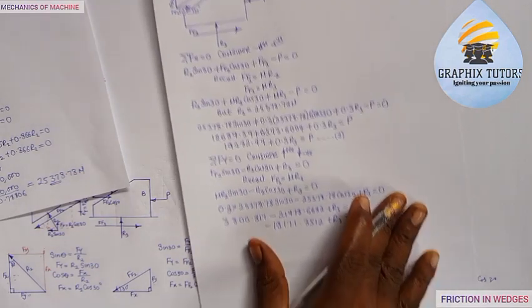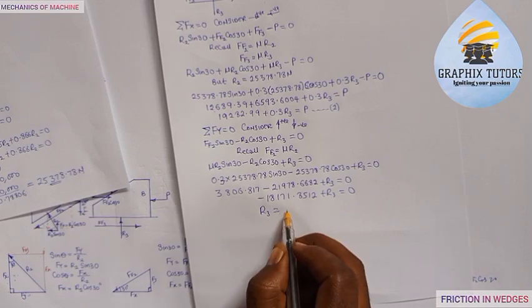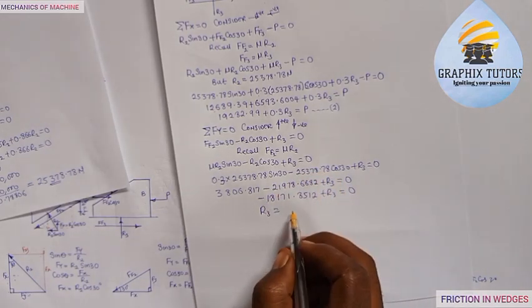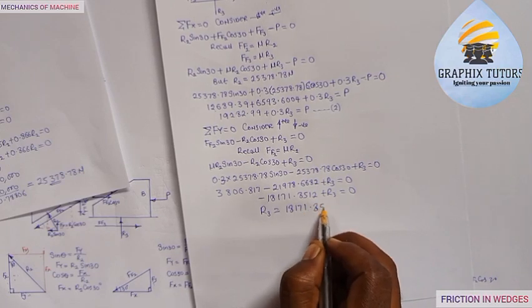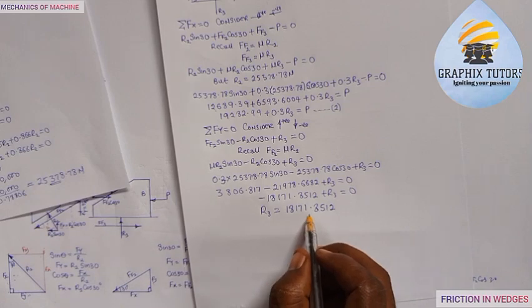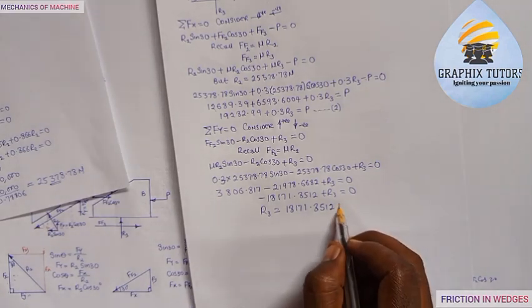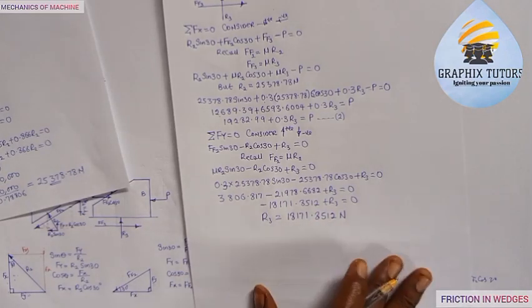So from here, R3 will be equals to, this is coming to the other side, becomes positive 18171.8512. So from here, this is my R3. Don't forget, we're working in Newton. So from here, we're getting the R3.